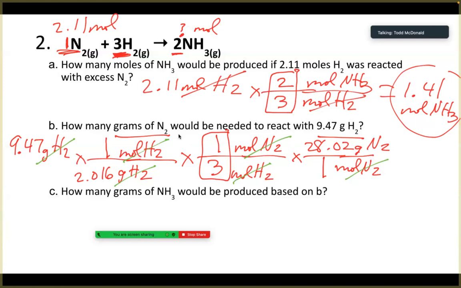And that gives me my final answer of 43.9, which is what I would round to, grams of N2. Okay. So that's how we would figure out how many grams of N2 would be needed.